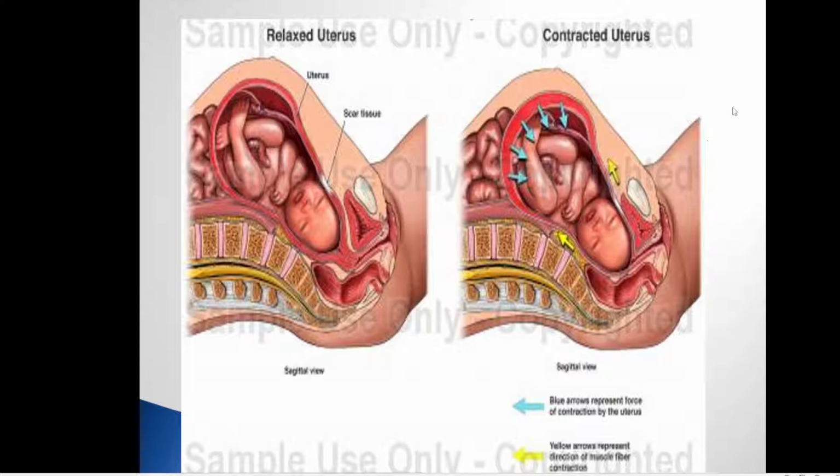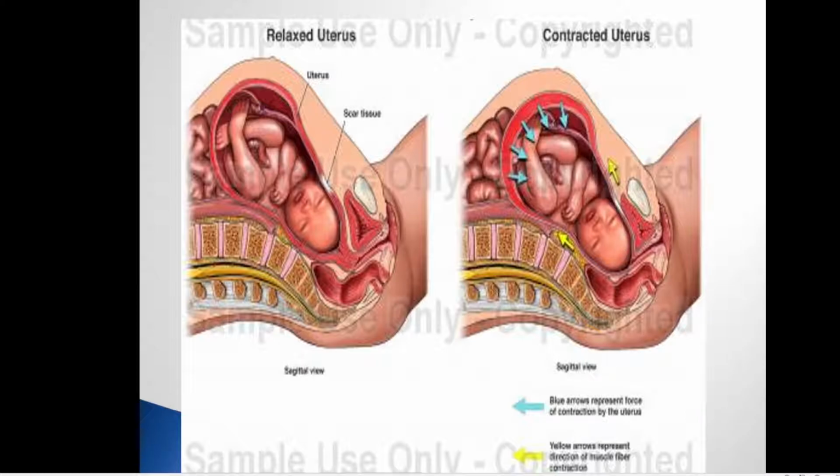Again, you can see how the upper muscles change, increase thickness of these muscles, and happen stretching of the muscles in the low segment. Contraction in upper parts of the uterus brings dilation of cervix.